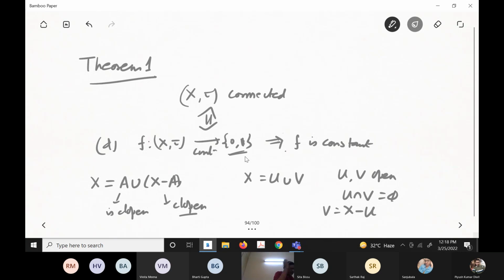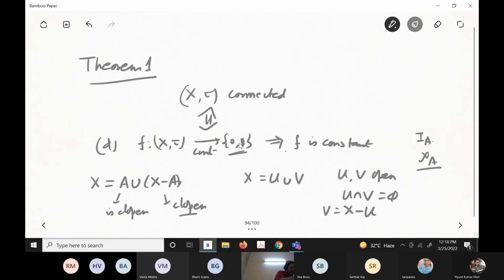In probability, you have the so-called indicator function, or in measure theory they call it characteristic functions. So this will be a characteristic function on a proper subset.